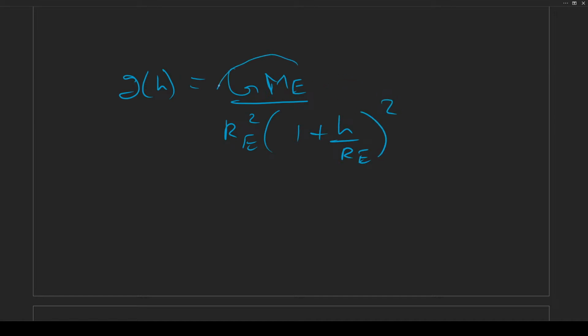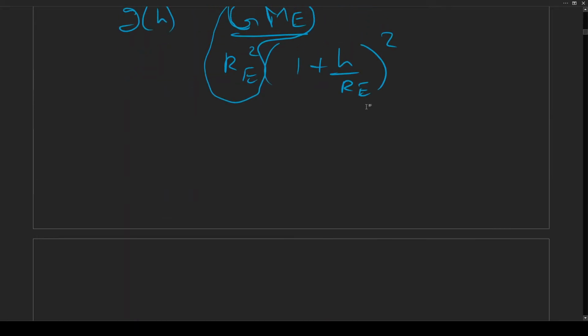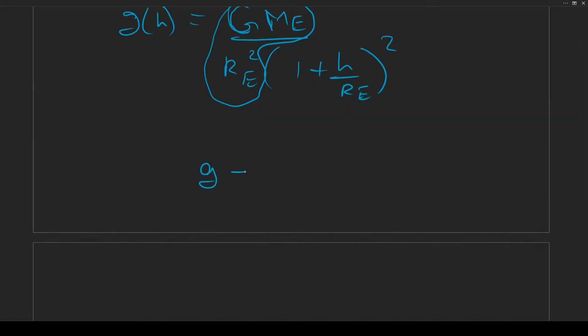Now, this is the same as the acceleration due to gravity at the surface of Earth, where g at the surface is equal to GM_e by R_e square.